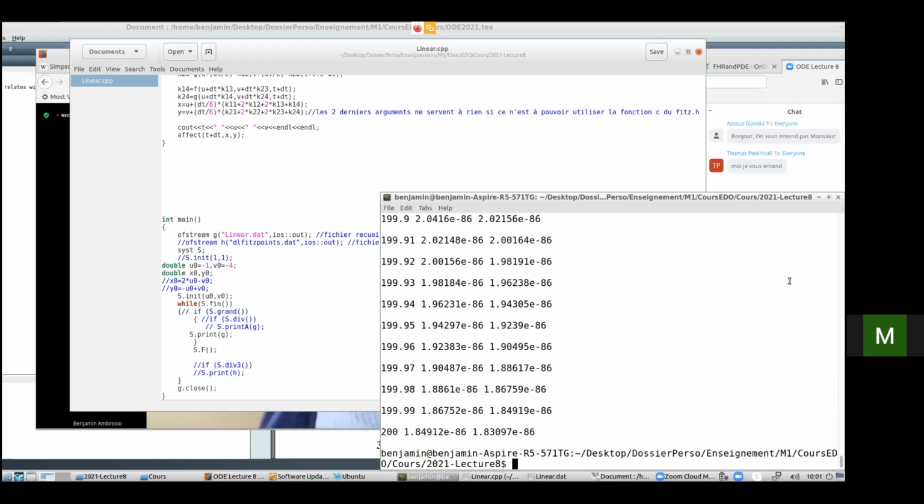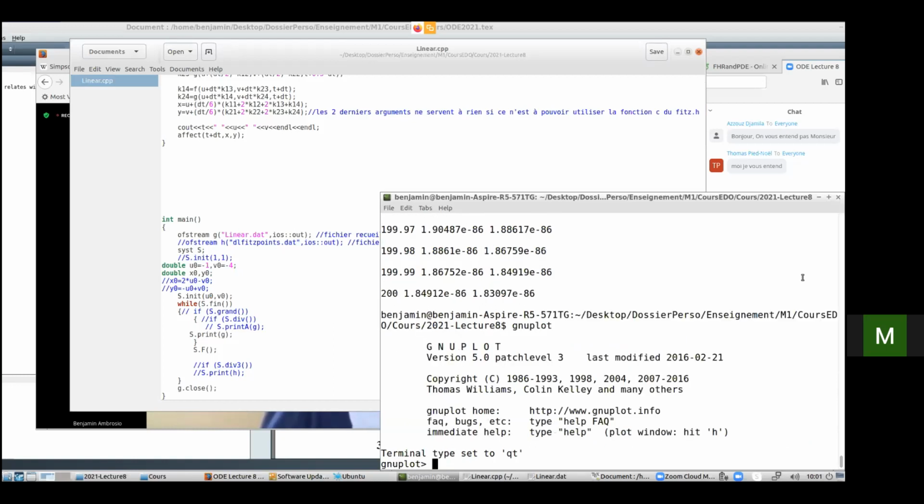Now I'm going to see the solution. All right, so let's make a plot. I use this software, GluePlot, to visualize the solutions. And I'm going to plot in the phase space, UV or XY, from this file.